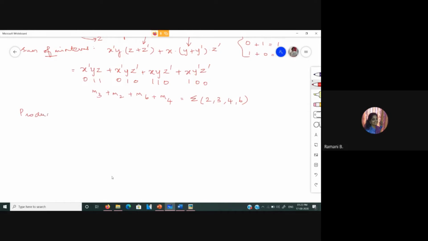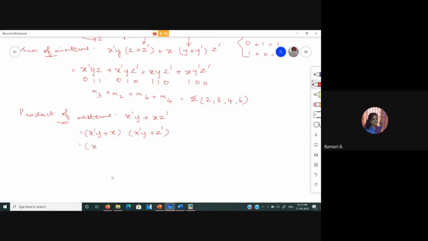So the product of maxterms for this will be, first thing you need to apply the distributive law because you are having it in the product form. So your expression is this. Now applying distributive law, you will be having x bar y plus x dot (x bar y plus z bar).